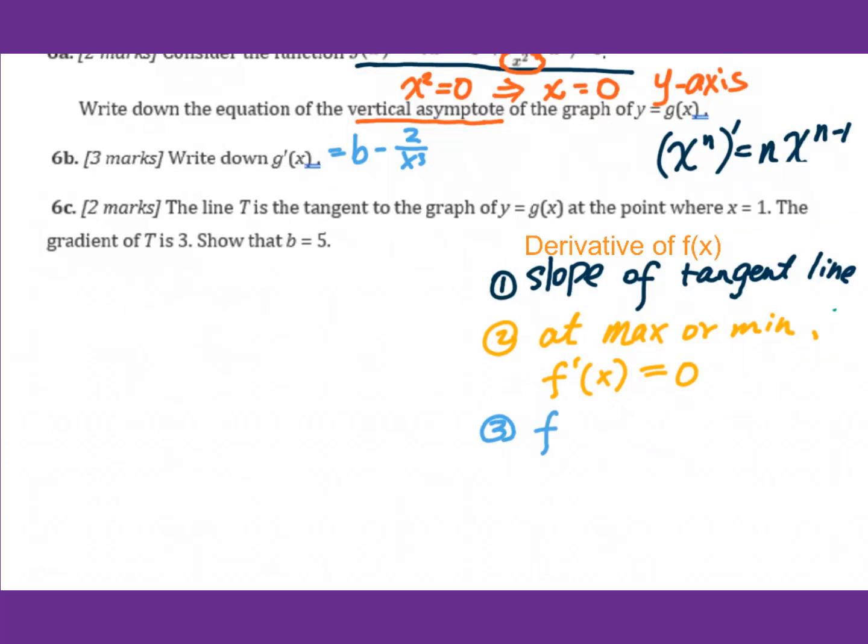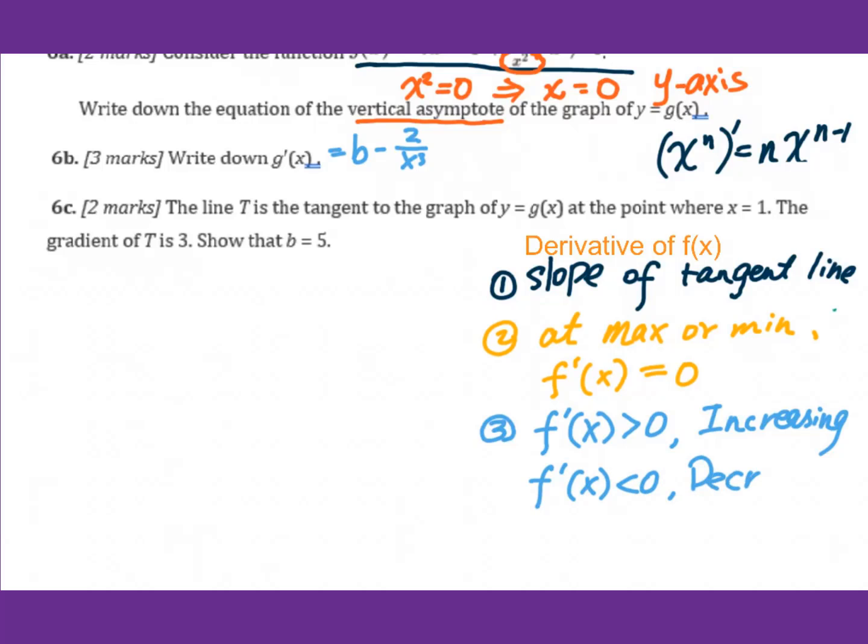Third, when f prime of x is greater than 0, it's an increasing function. When f prime of x is less than 0, it's a decreasing function. If you know these 3 facts about the derivative of f of x, it will be very helpful for you to get a good grade in the IB exam.